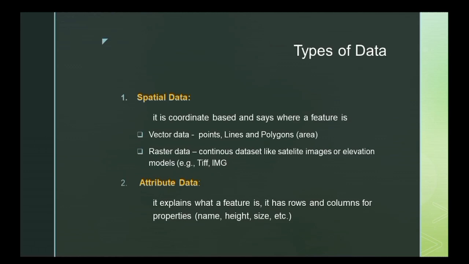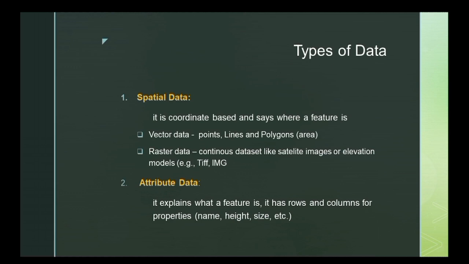So, the types of data. Number one, spatial data. As explained before, it is coordinate based, meaning it has geographical components. So, it explains where a feature is. An example is vector data. Vector data are simply points, lines, and polygons.